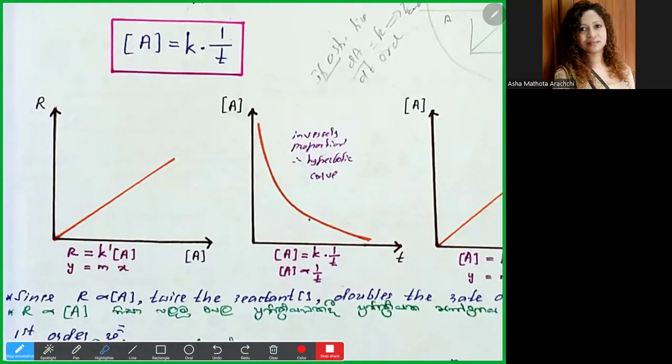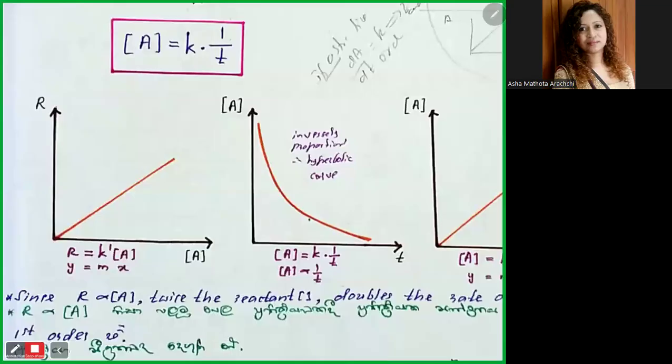So if you write Y-axis as R, and let's say our X-axis is concentration of A, you're supposed to get Y equals Mx kind of a graph, which is a straight line going through the origin. Clear? Okay, so this is the connection between R and A for first order reaction.